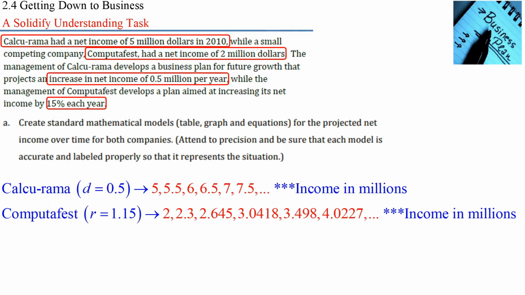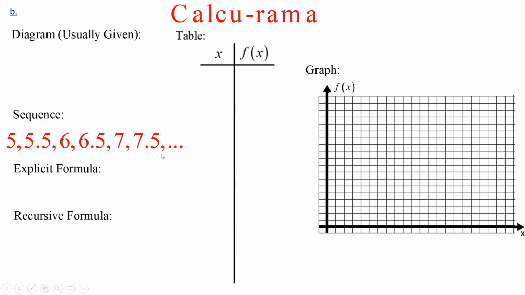We've done a really good job with these sequences, but you know what we're going to do? We're going to go to our modeling data frame and do a table, a graph, and recursive and explicit equations. And then we're also going to talk about what that stuff means. So let's go ahead and model the data for Calcurama right here.